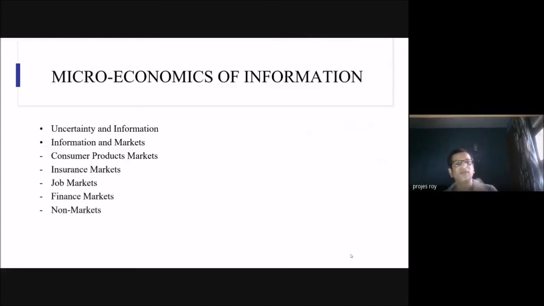Then information as a market. Market and information are linked with each other. Market means you need to have proper information for the market, and the market needs to know the related information on that particular market. So the market has a strong interlink with information. Suppose you have a market and the market doesn't have information. Suppose you are going to purchase a share, equity, and you do not have proper information, so you cannot do it.